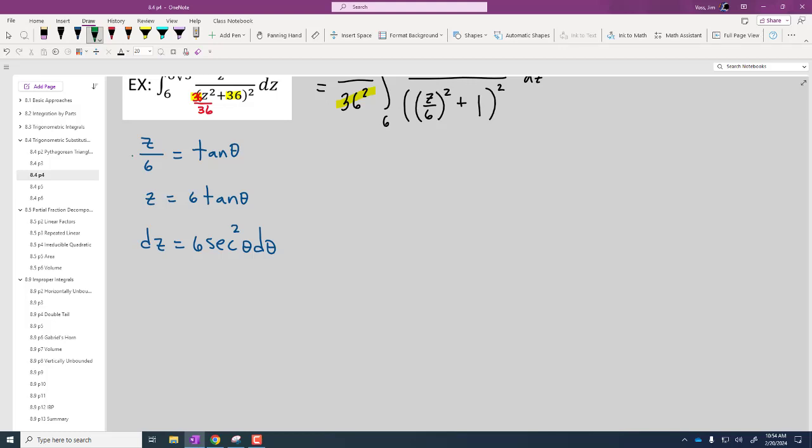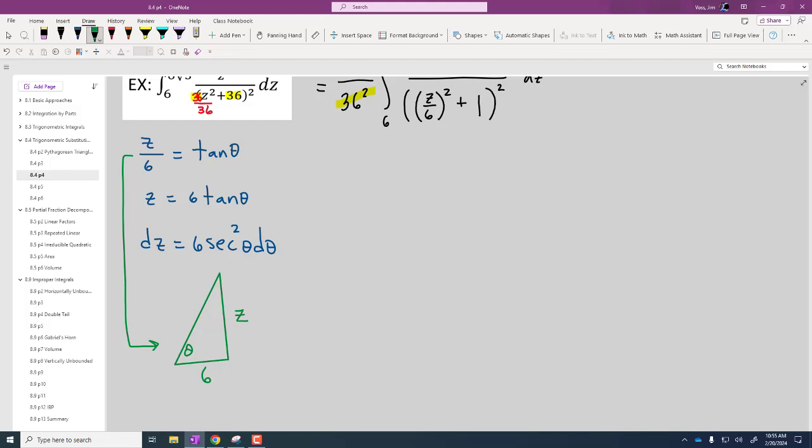And while we're at it right here, I'm just going to build the triangle right away, just for the heck of it. It does not matter when you do it. If we want to do it right away, we can, because I can still see this here. So tangent of theta is z over 6. So z and 6 are those two sides. Tangent is opposite over adjacent.